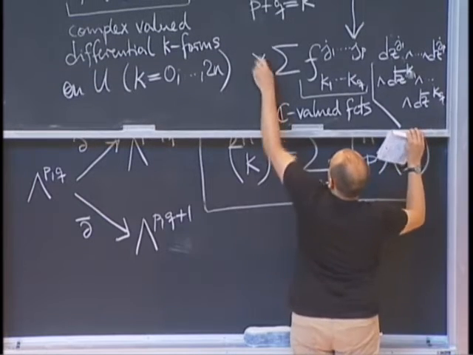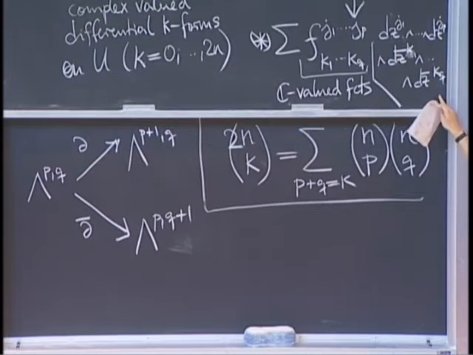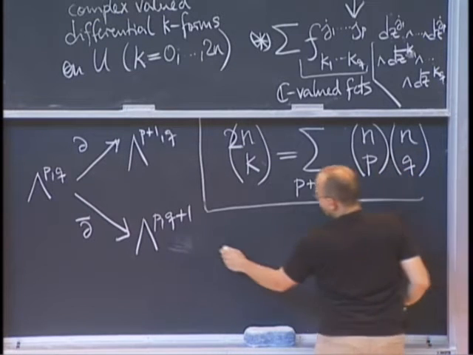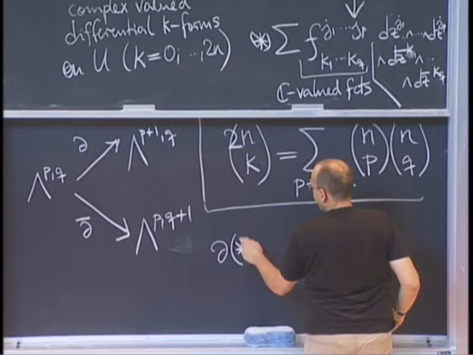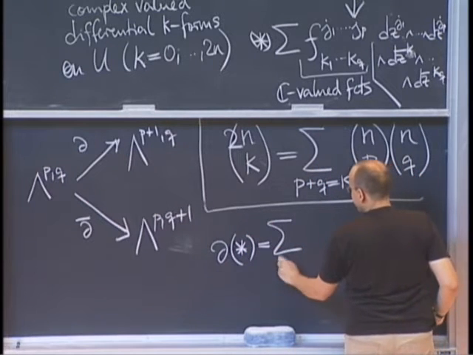So if you take a form like this, written in this way explicitly, then if you want to take del of that form, what you do is you take an additional sum over all complex coordinates.